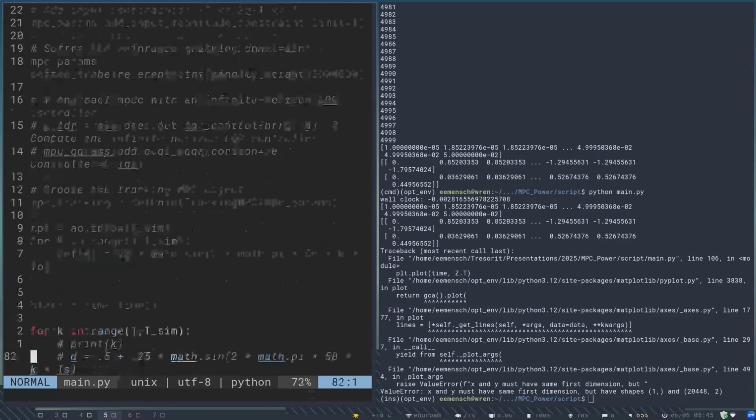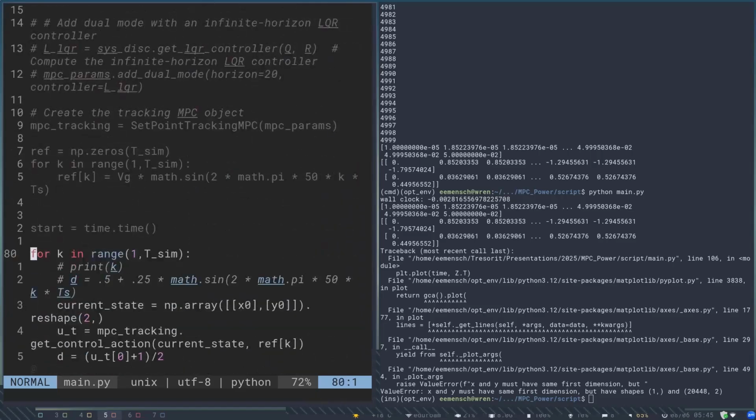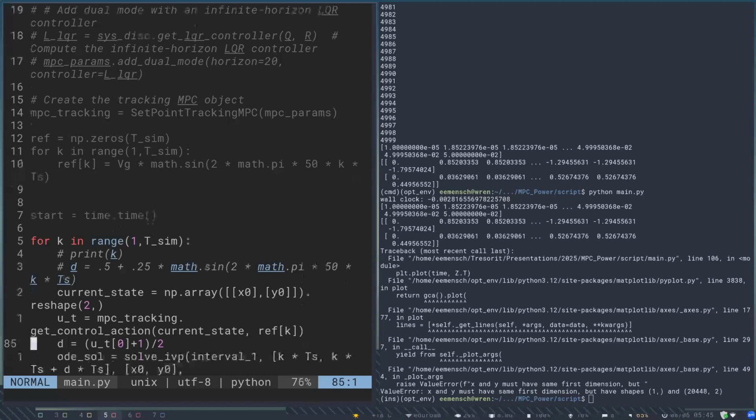Set up the problem. And then I'm running it over discrete time steps at which I make decisions. And this MPC tracking get control is the first step out of the MPC optimization problem.